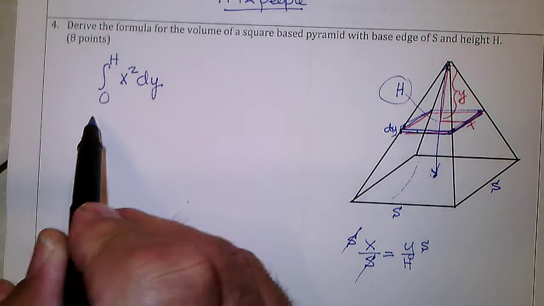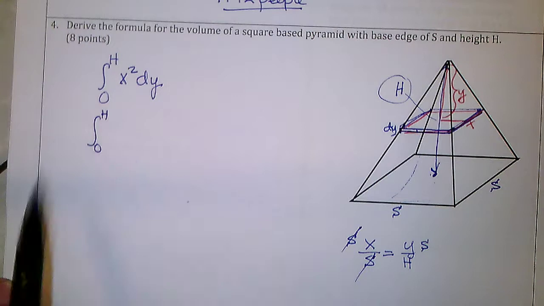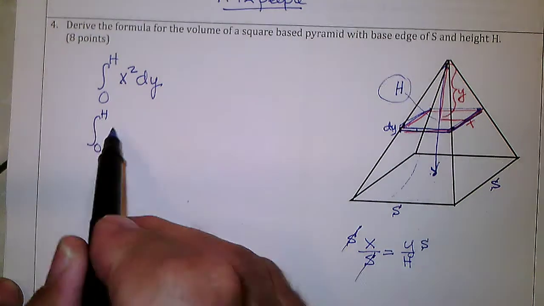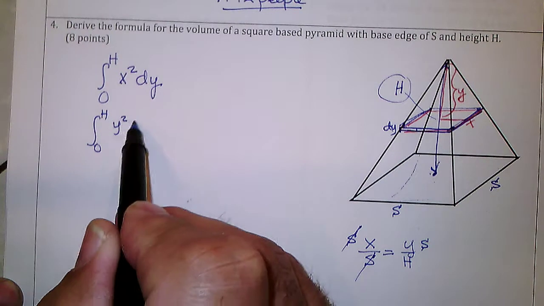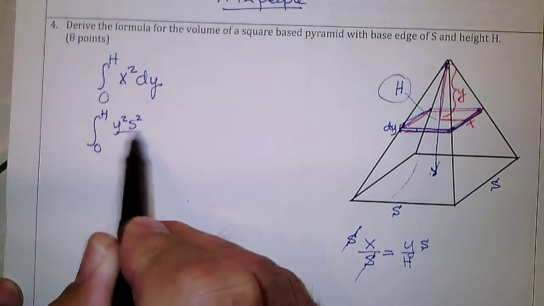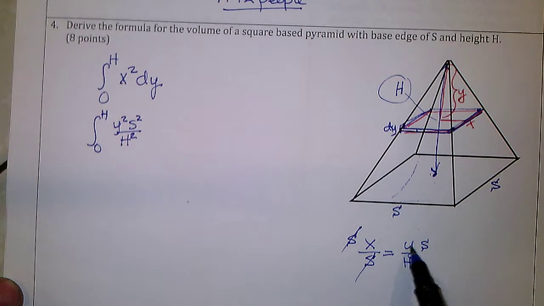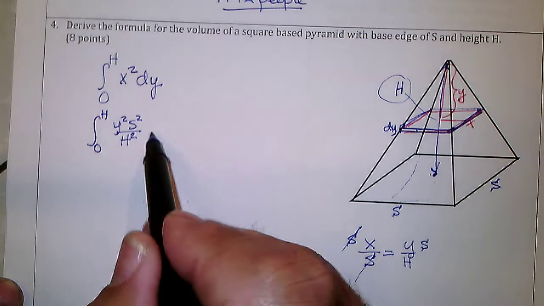And so I now have integral from 0 to h of x squared would be y squared s squared over h squared, because x is ys over h. So if I square that, because I need x squared, I get this.